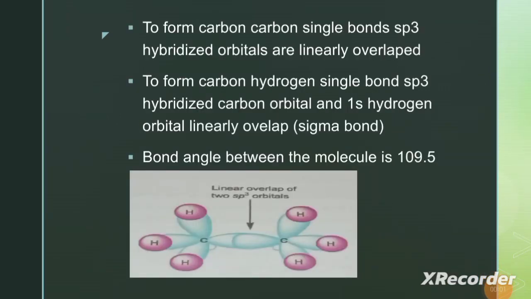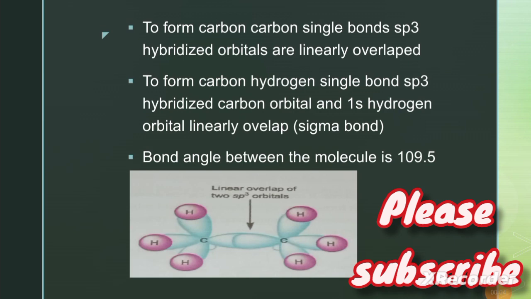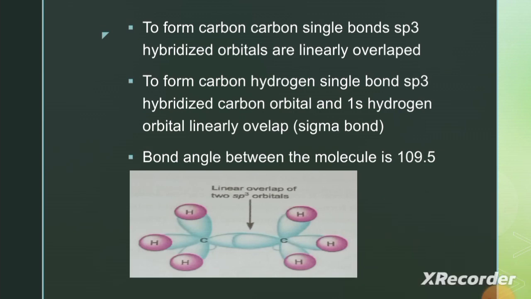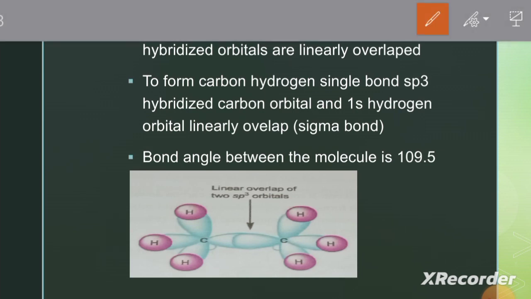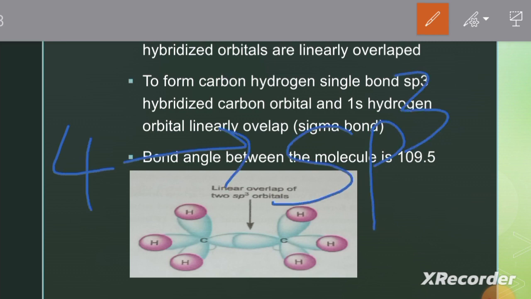To form carbon-carbon single bonds, sp3 hybridized orbitals are linearly overlapped. That means the VSEPR number of carbon in alkanes is 4. So the hybridization of carbon is sp3. Right? So the carbon-carbon bond is formed by the linear overlap of sp3 hybridized orbitals. And carbon-hydrogen bonds are formed by an sp3 hybridized carbon orbital and the 1s orbital of hydrogen.